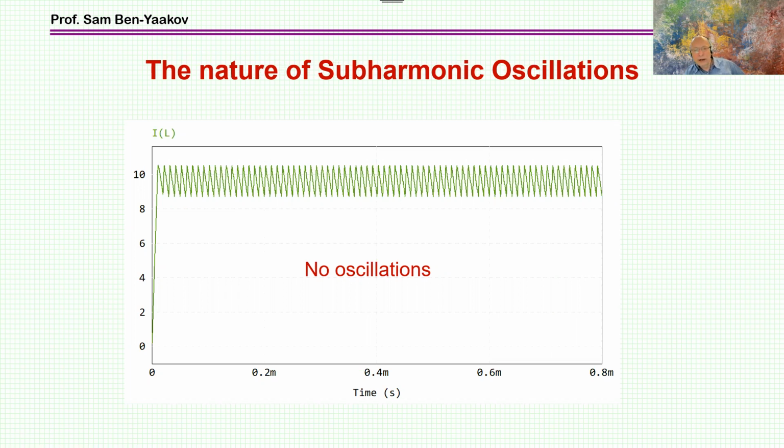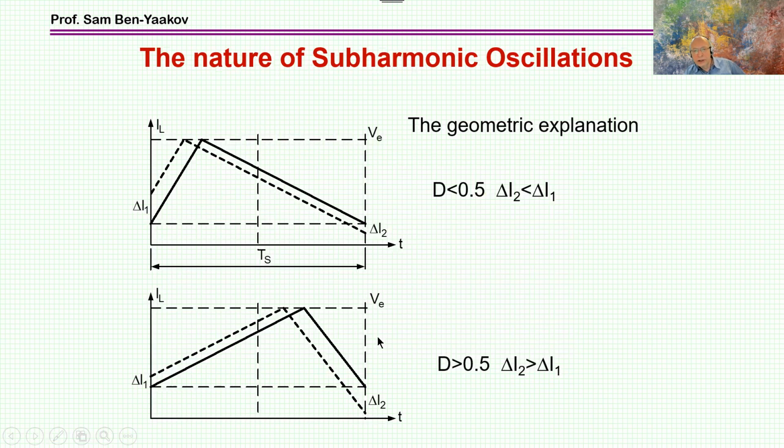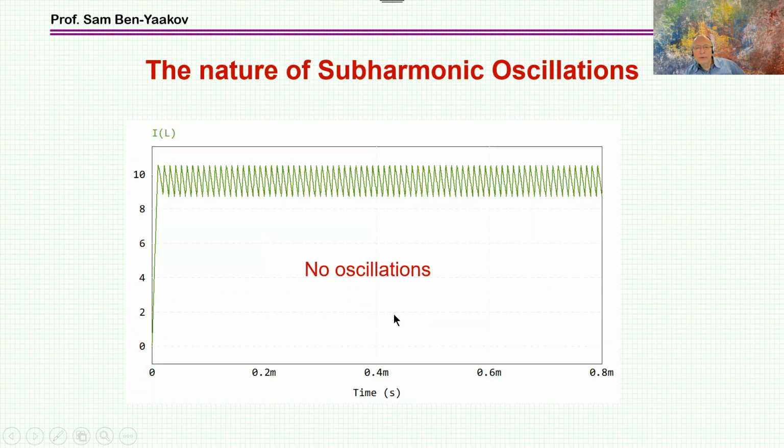Usually oscillations are at resonant frequency or higher, but here it's lower. There are many papers on the reason for this, aside from the simple explanation that I'll go over in a minute.